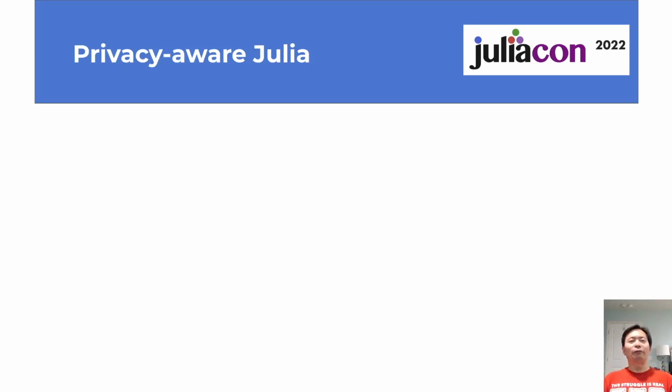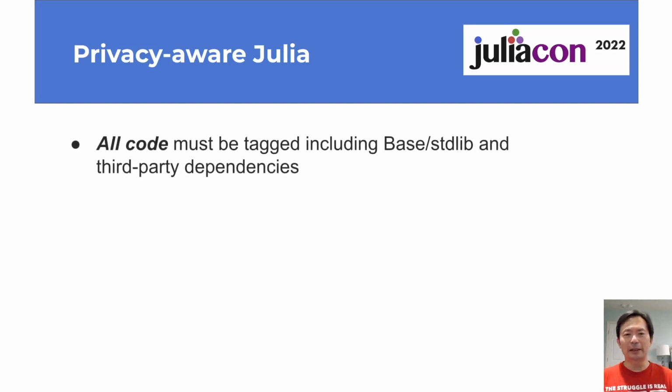Now, given everything that I just talked about, you may wonder, can we actually make Julia privacy aware, right? In order to do that, you almost think that every function should be tagged with some capability. And that includes Base, the standard library, and also any third-party dependencies that you use.